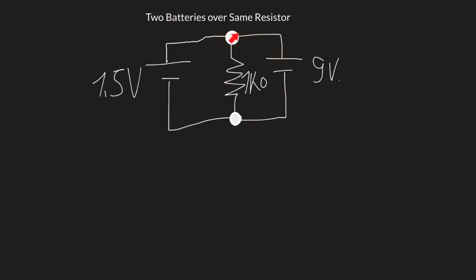So this could produce a current flowing through here and then in here, or it could happen that the 9 volt produces a current flowing through here and then somehow over here, and then this would be kind of a short, this outer circle or outer network, and perhaps no current is going through this 1 kilo ohm resistor at all.